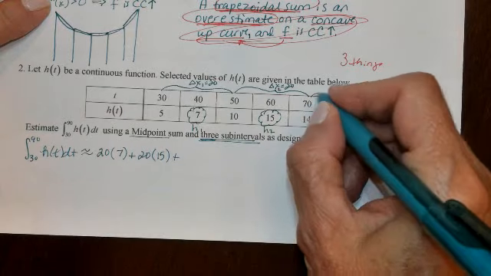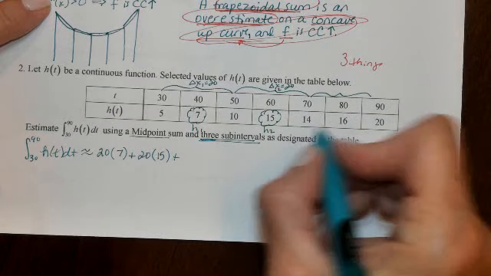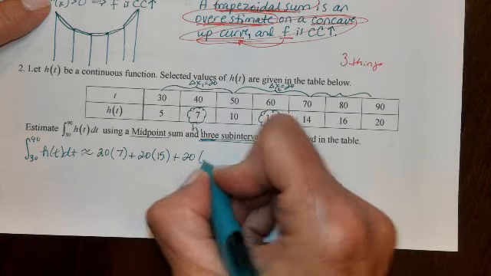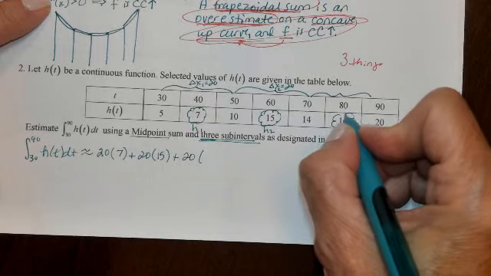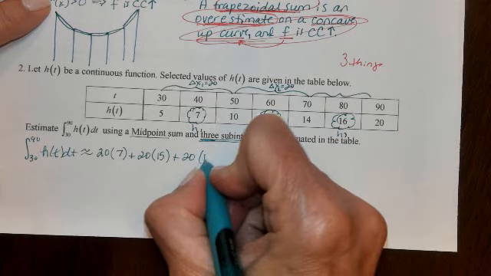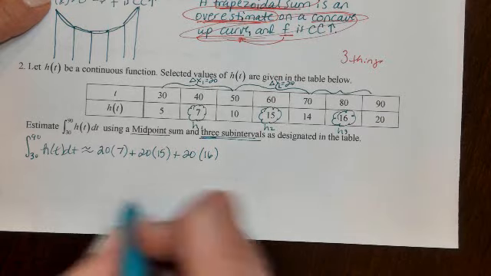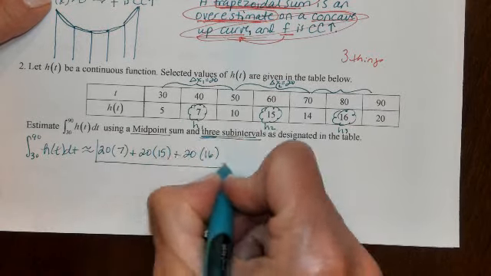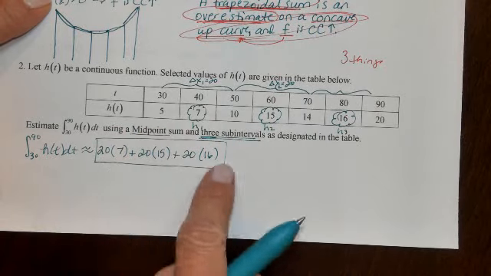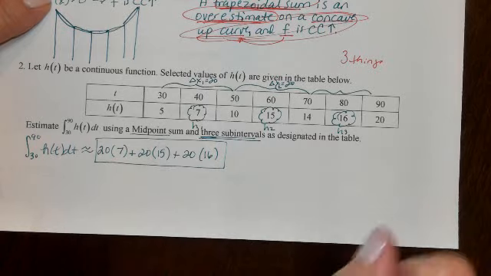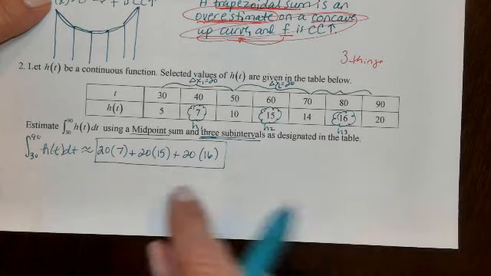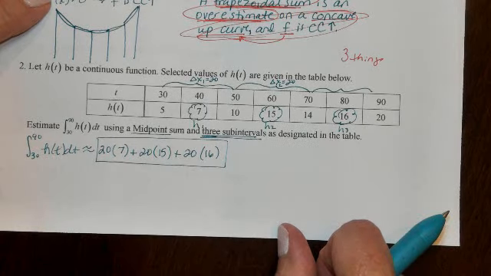Our last rectangle, still 20 for our delta x, and our height will be 16. And that's it. Stop there. We have the form of a midpoint sum, and we have our approximation. There is no need to multiply and add, okay?